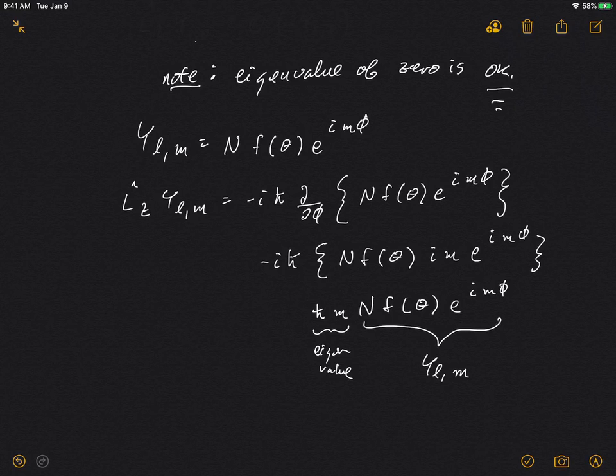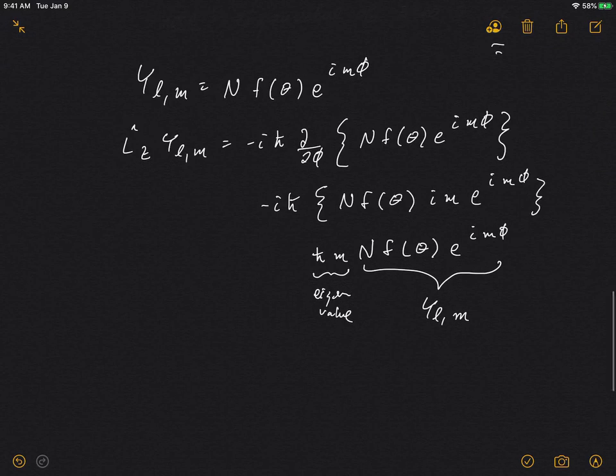So just be careful when you run across these kinds of problems not to lump the normalization constant in with the eigenvalue. You may have to do a little bit of math to pull out the original functions and constants on the one hand, and then the eigenvalue on the other hand. So there's a little bit of partitioning there that we have to be careful with.